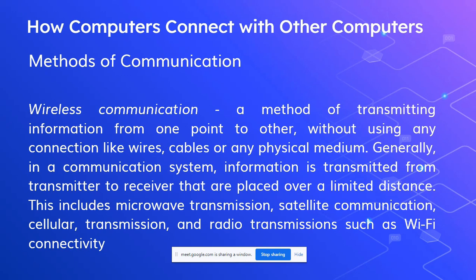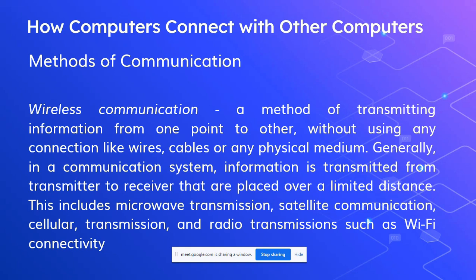So wireless communication is a method of transmitting information from one point to another without using any connections like wires, cables, or any physical medium. Generally, in a communication system, information is transmitted from transmitter to receiver that are placed over a limited distance that includes microwave transmission, satellite communications, cellular transmissions, and radio transmissions, such as Wi-Fi connectivity.